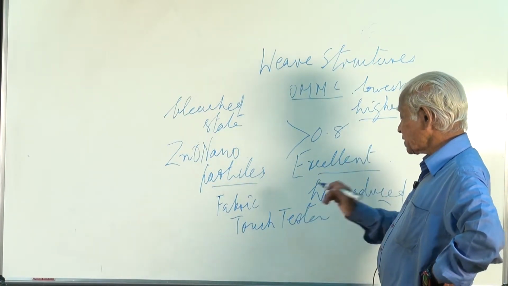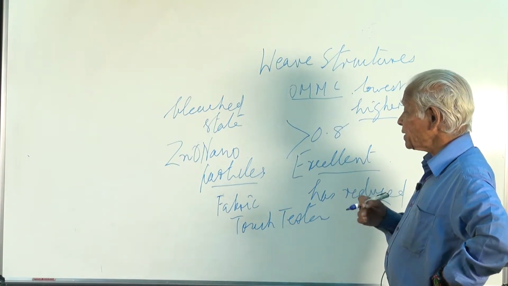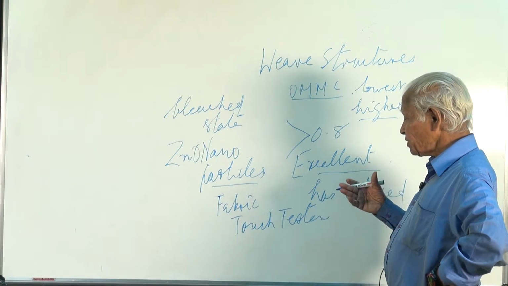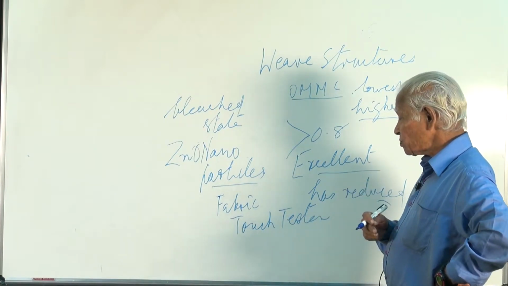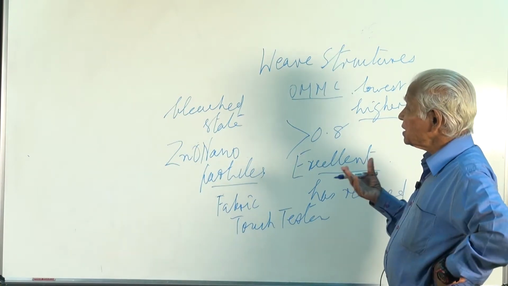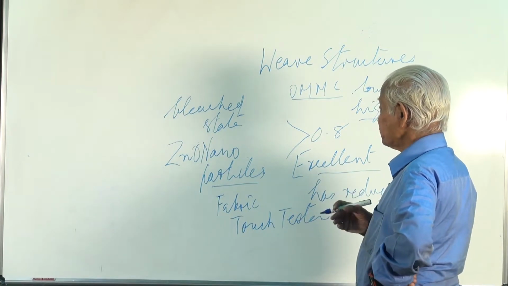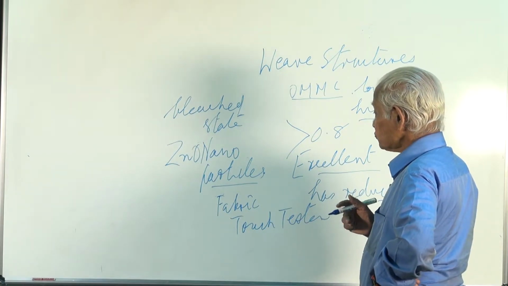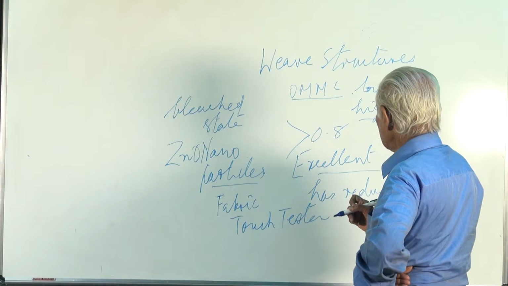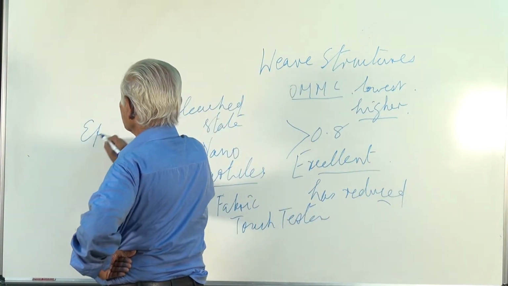That is what the fabric touch tester tries to give information, and already a lot of data are available on this YMMC and fabric touch tester, but it will be better to re-examine the effect of all these parameters on this YMMC.